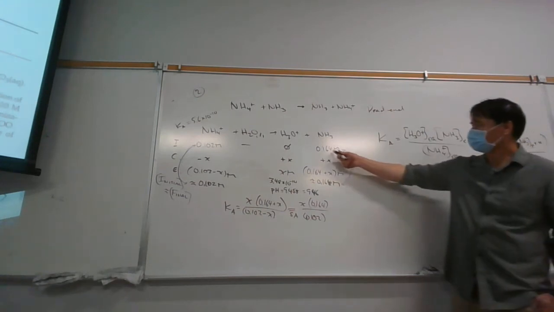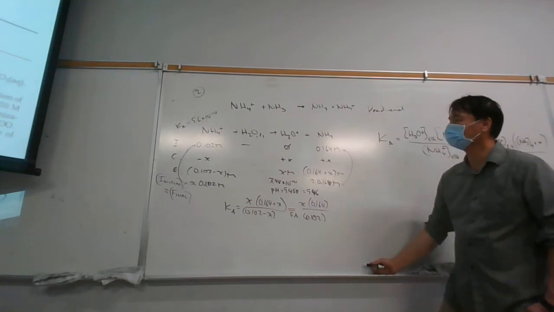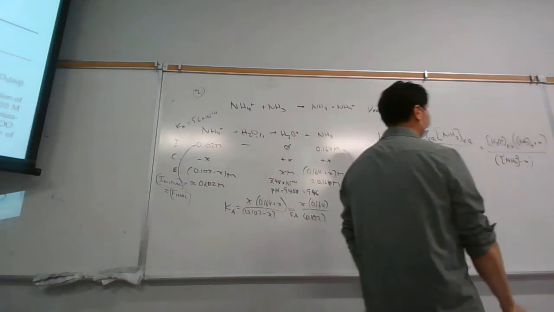So ammonia initial plus X gives us ammonia at equilibrium, and ammonium initial minus X gives us ammonium at equilibrium. So this is what we have.